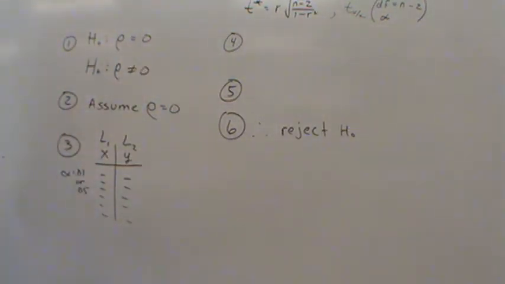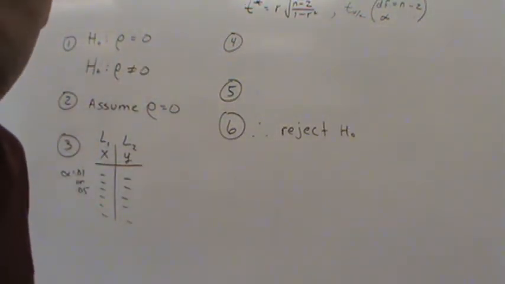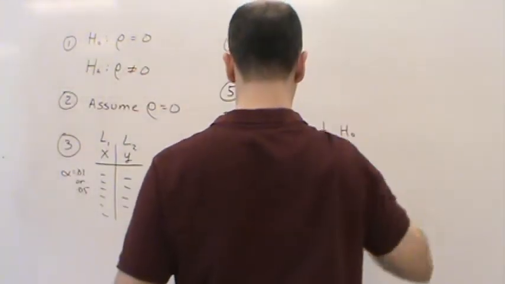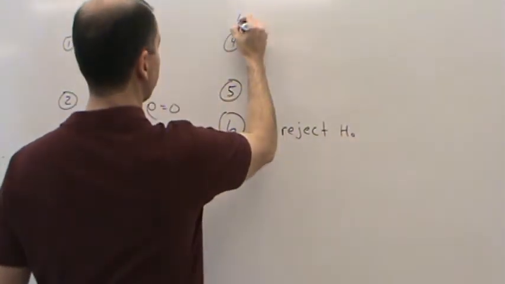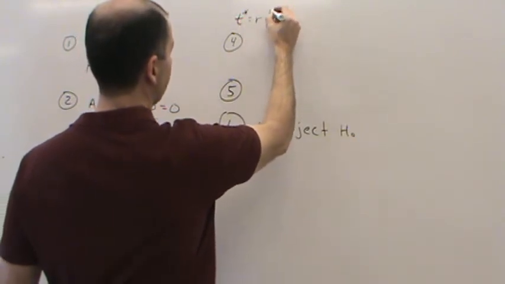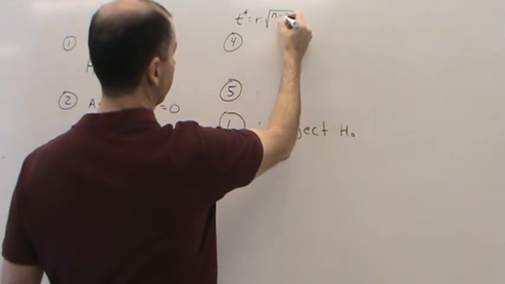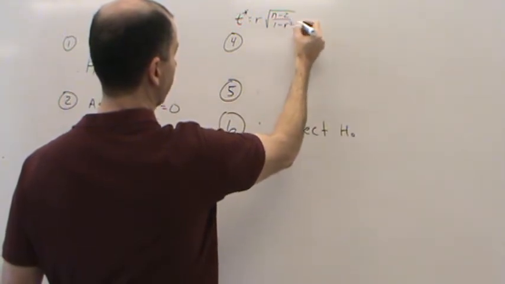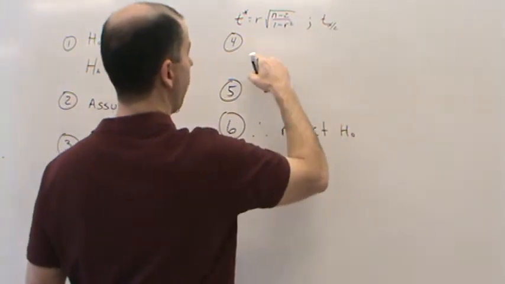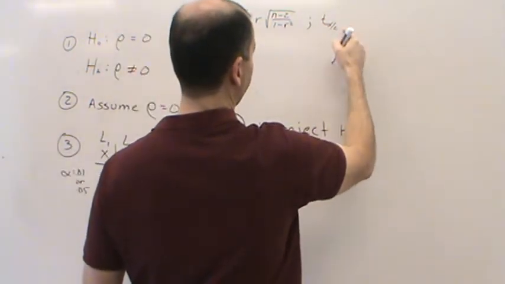Let me rewrite this, it's a little high. So let's do t star equals r times the square root of n minus 2 over the square root of 1 minus r squared. And then you have your t alpha divided by 2 that you're going to use.